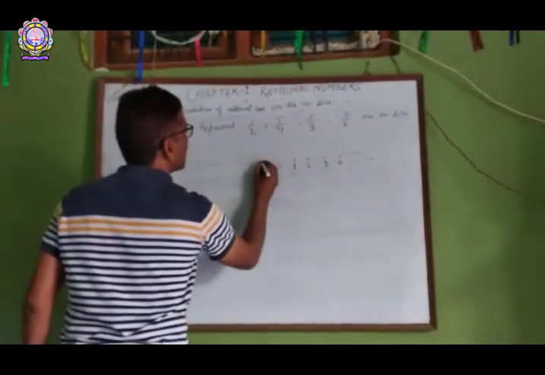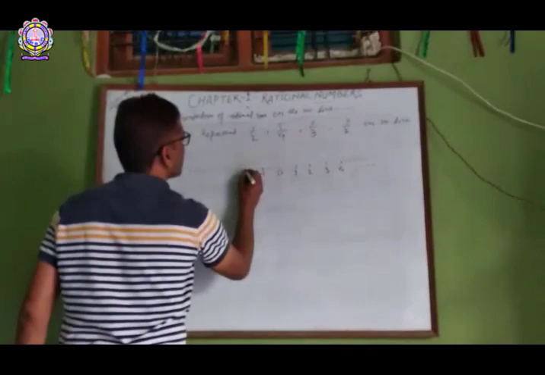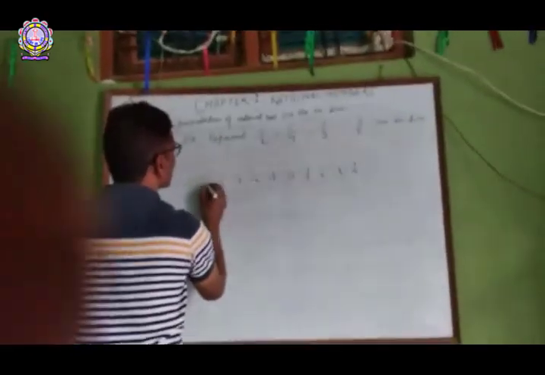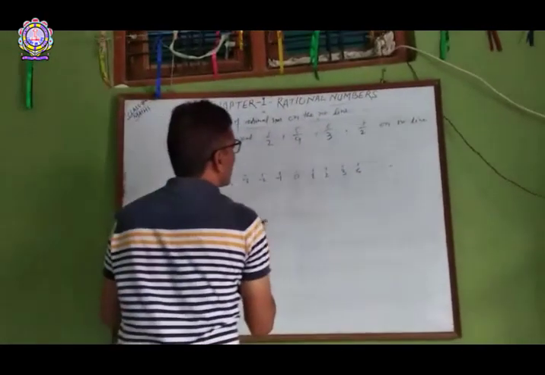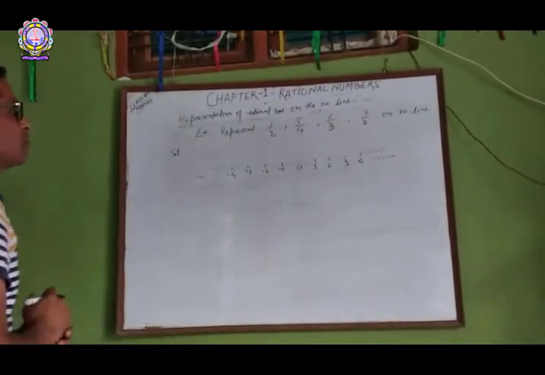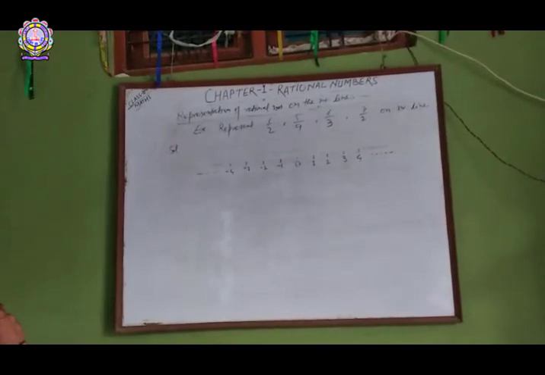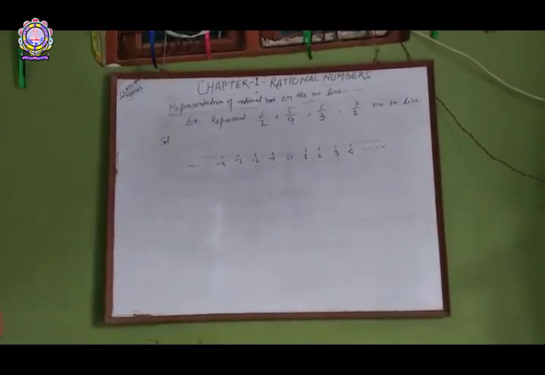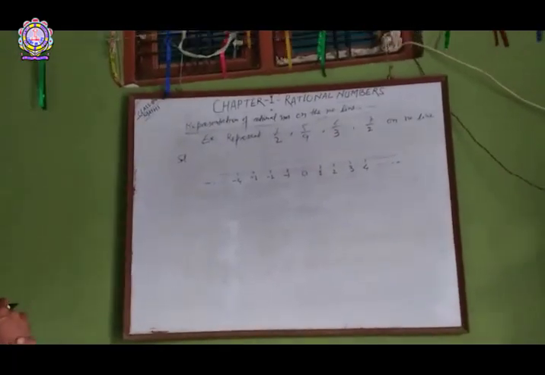Take negative numbers, -1, -2, -3, -4 and so on on the left hand side of 0. Now you can represent all rational numbers on this number line.